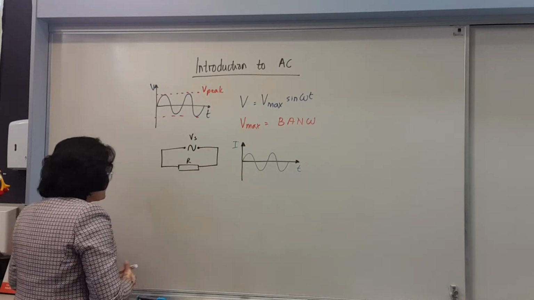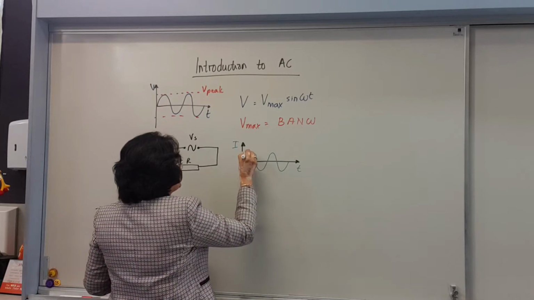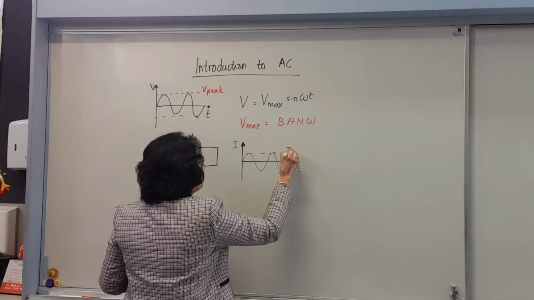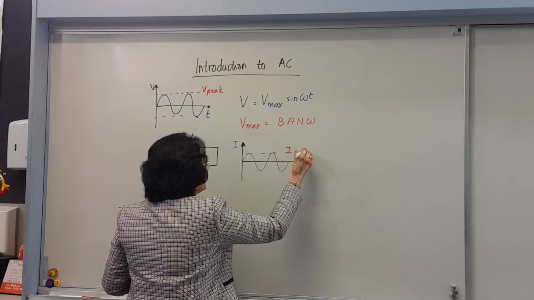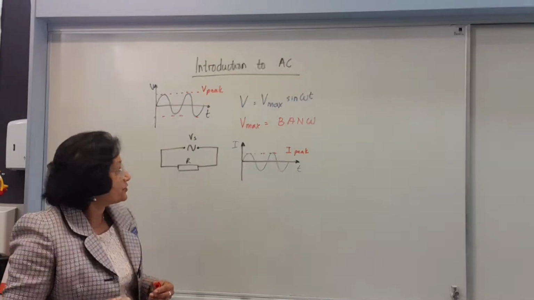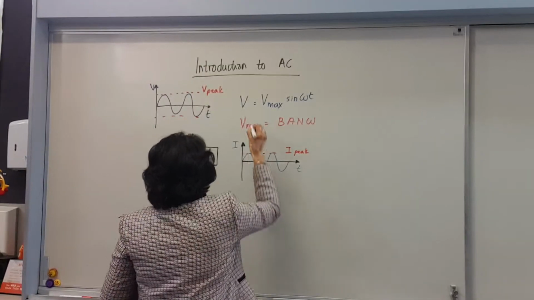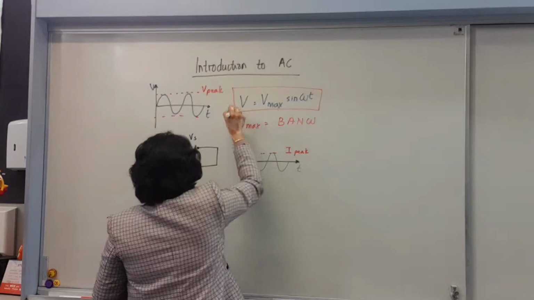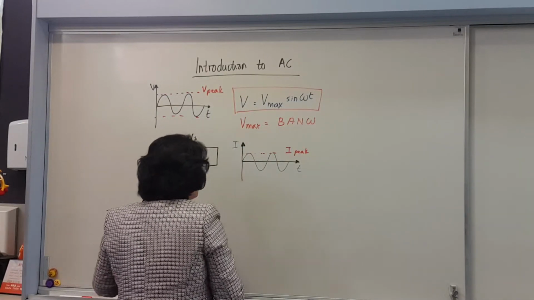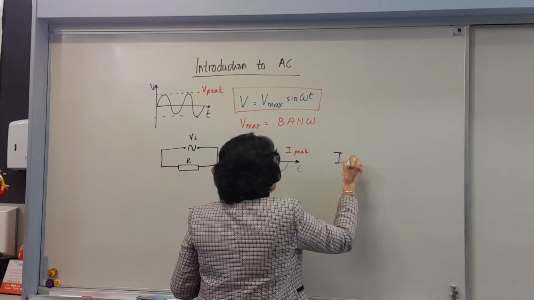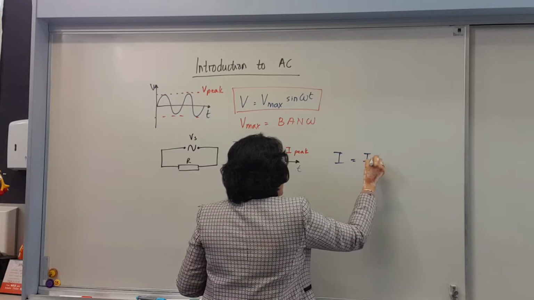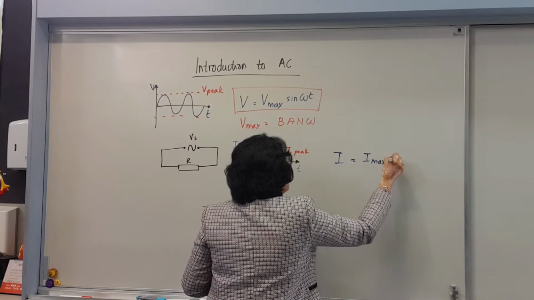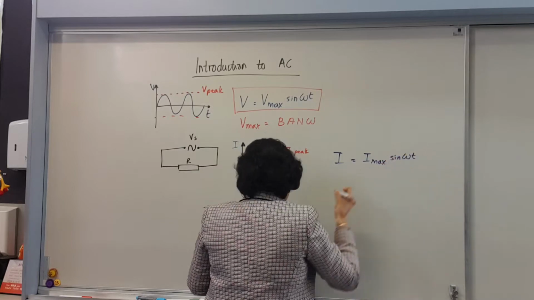So the maximum current at any instant of time, this is called I max or I peak. Okay, it has both those. And so the equation for the current at any instant of time is similar to your voltage. So current is given by I max sine omega t.